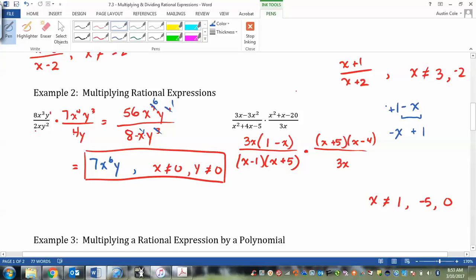Now, is negative x plus 1 the same thing as x minus 1? I don't think so. Not quite, because this is x minus 1 and this is negative x plus 1. What would I have to do to this to get it to be x minus 1?